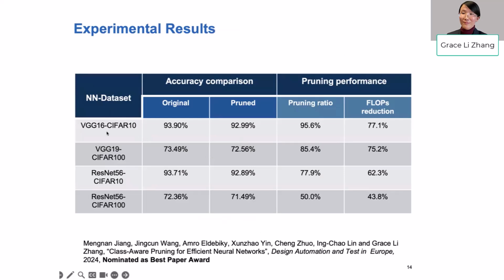We tested this method on some neural networks and datasets. We found that the accuracy drop is very slight, but the pruning ratio is very large. And with the high pruning ratio, we can reduce the number of micro operations or FLOPs when executing neural networks. Okay, this is the first topic on pruning neural networks to reduce the number of micro operations.